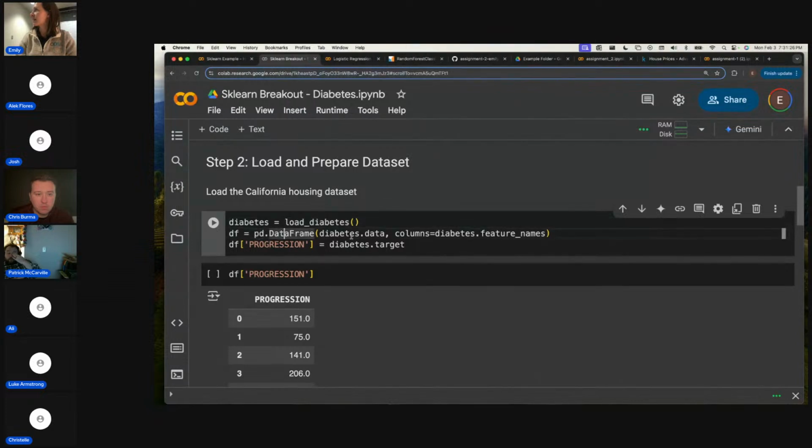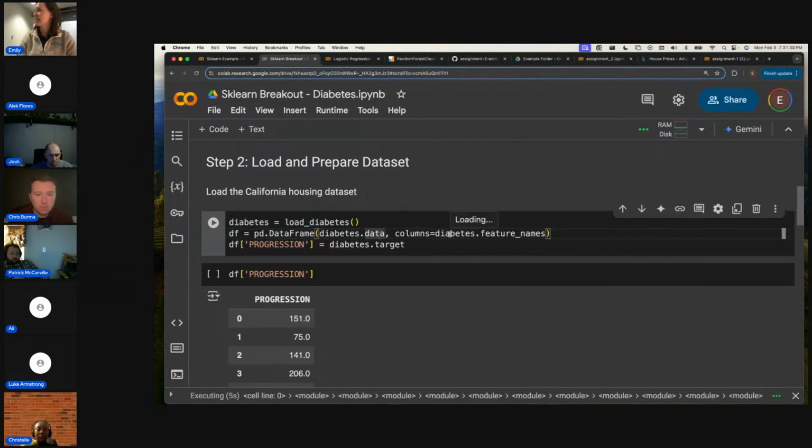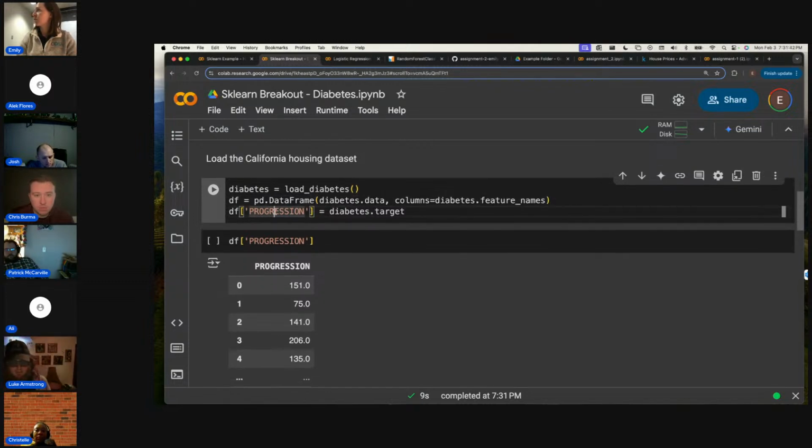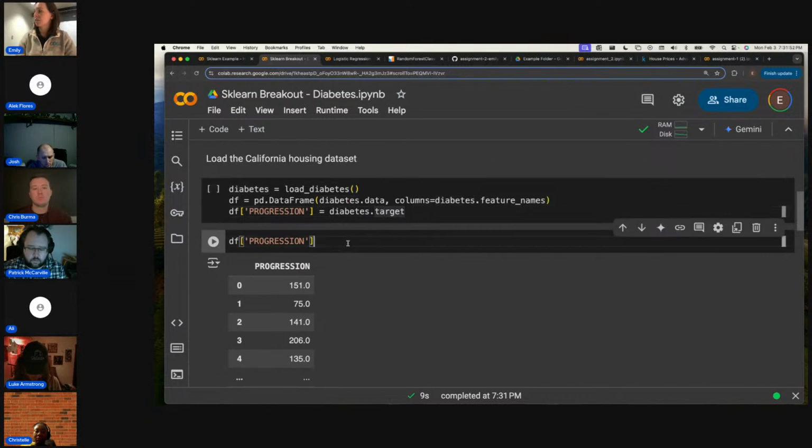We're going to create a pandas data frame, and we're going to pass it diabetes.data, which is one of those key value pairs. We're going to pass it diabetes.feature_names to name our columns so they don't come across with no names. And we're going to create another column called progression on that data frame. Progression's really our target variable, and we're going to use the diabetes.target data to define that. So let's run that.